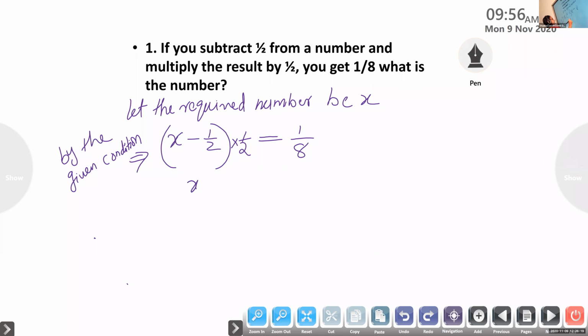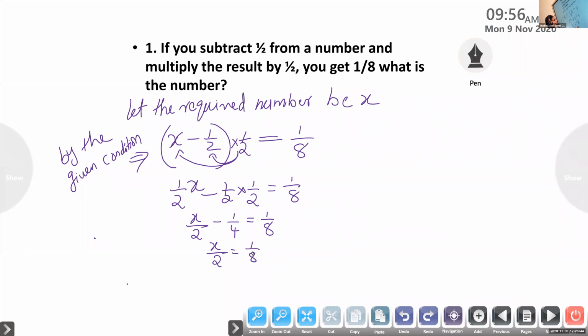So, multiplying 1 by 2 into x, 1 by 2 x, minus 1 by 2 into 1 by 2 equal to 1 by 8. So, x by 2 minus 1 by 4 equal to 1 by 8. So, x by 2 equal to 1 by 8 plus 1 by 4.